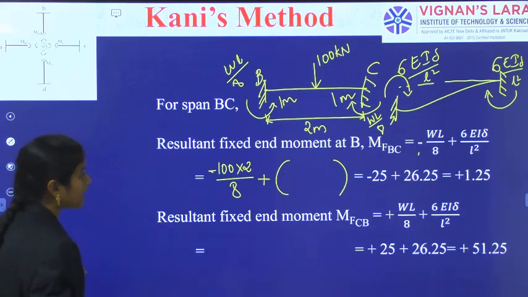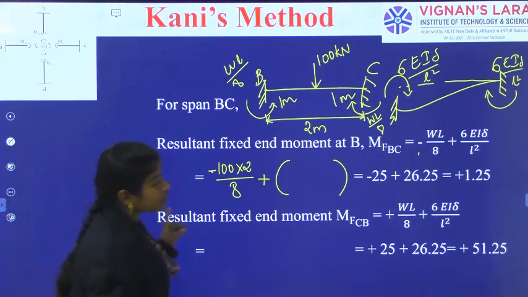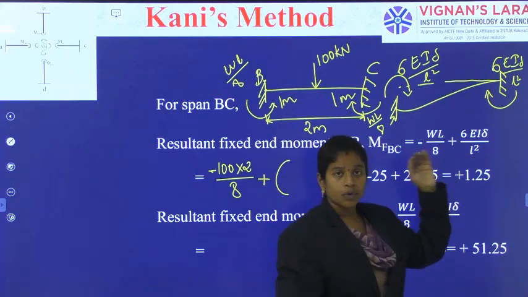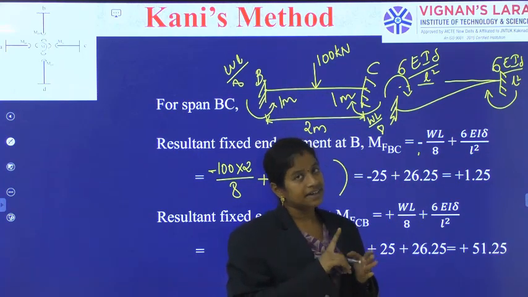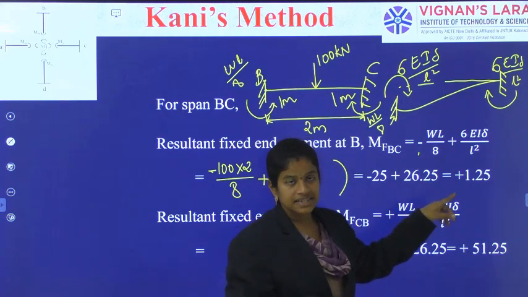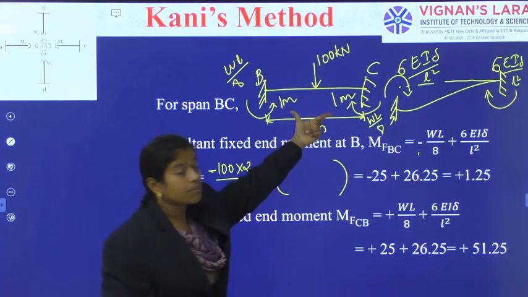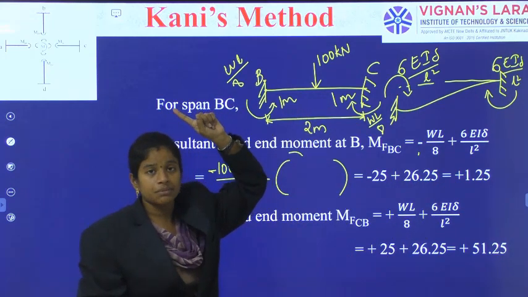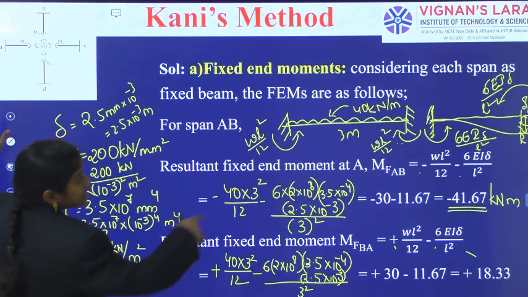Sorry, here the change is L. Both all 6 EI and delta are same, but L is different. Here the length of the particular beam member is 2 meters, there the particular length of the beam member we have got as 3 meters.